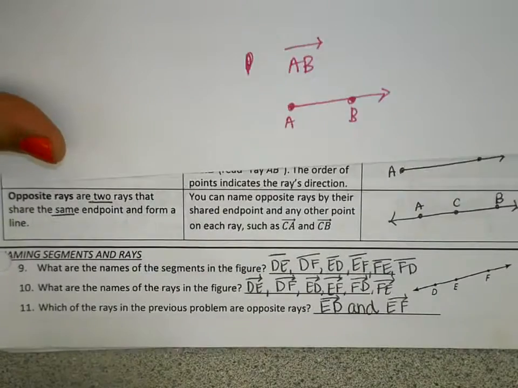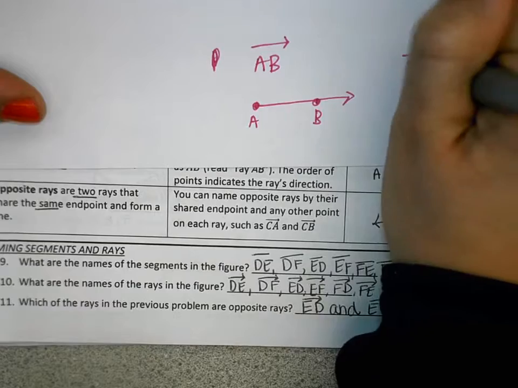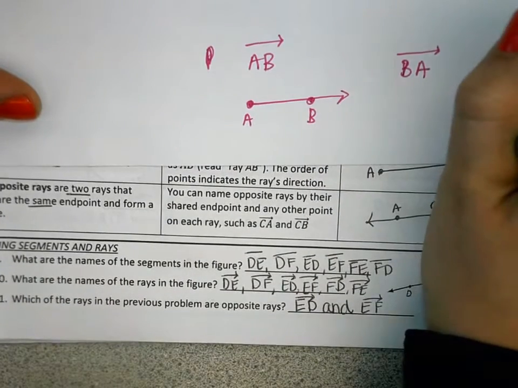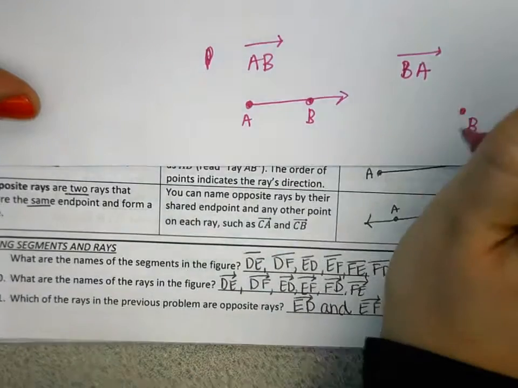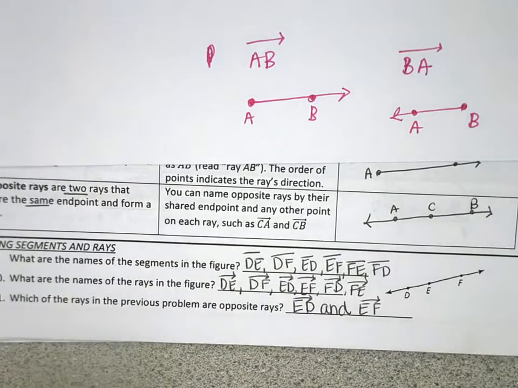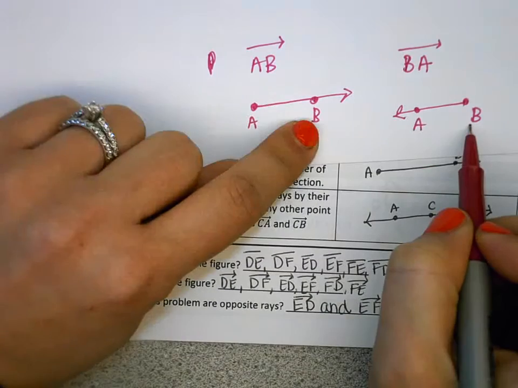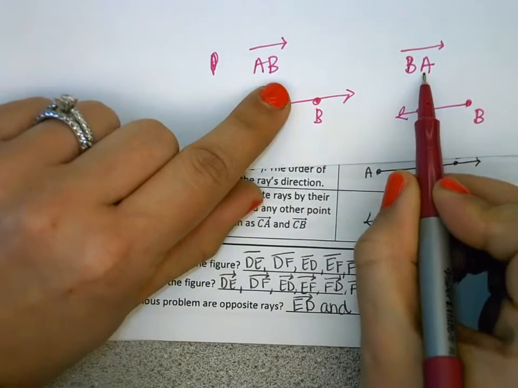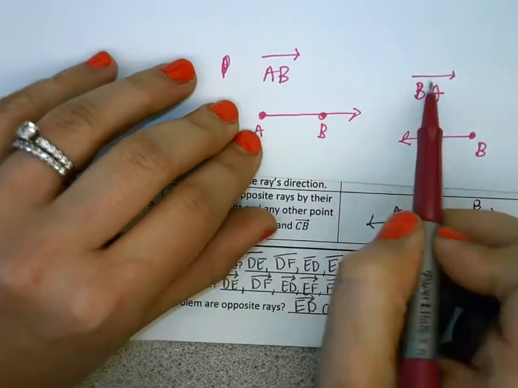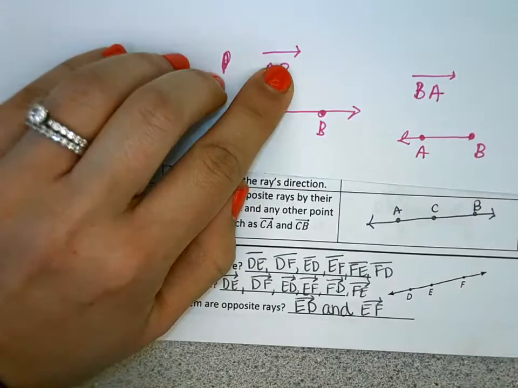If I were to name ray BA, that means my endpoint is at B, and the ray is going in the direction of point A. Does that make sense? So whichever letter comes first tells us where the endpoint is, and whichever letter comes second tells us the direction. But in both notations, you use the arrow going to the right, okay, for the notation.